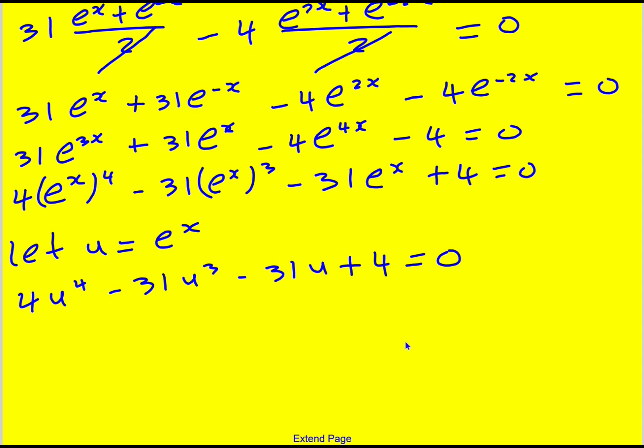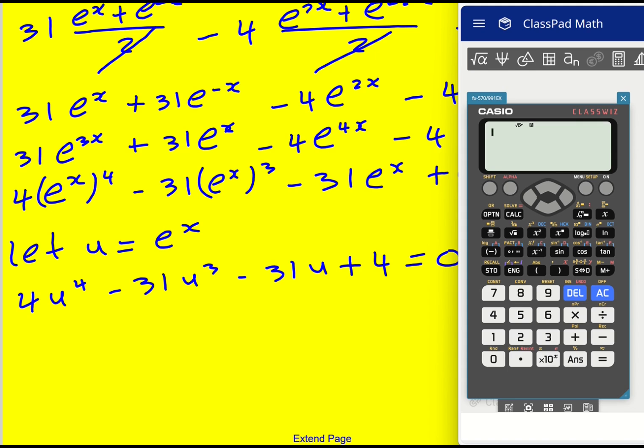Do not start using the factor theorem to try and solve this. It's not a show that question or anything, or sorry, a detailed reasoning question. Just use the function on your calculator, polynomial degree 4, type it in carefully. So this term is 0.